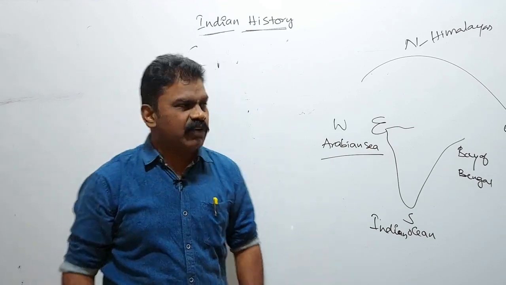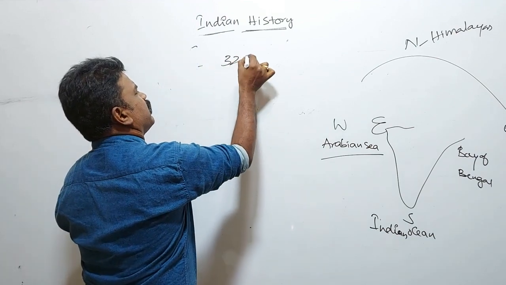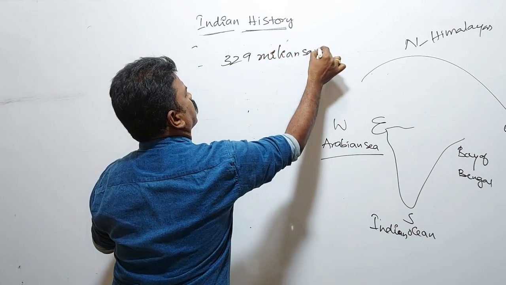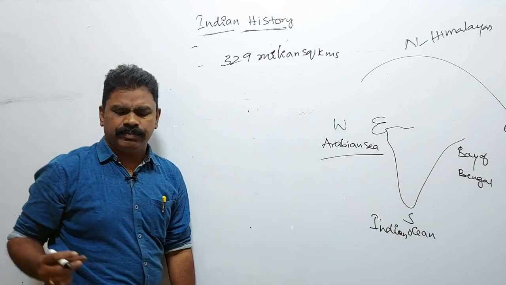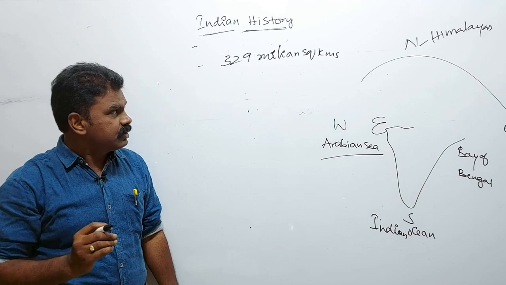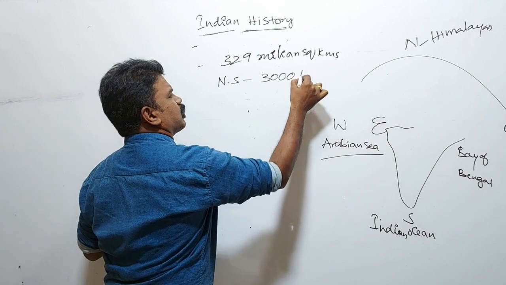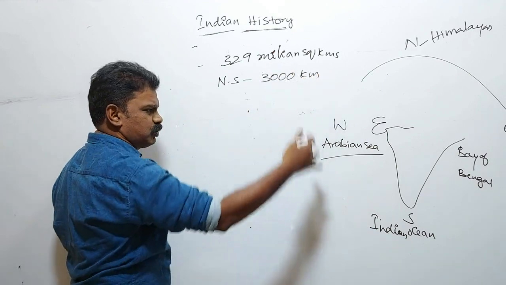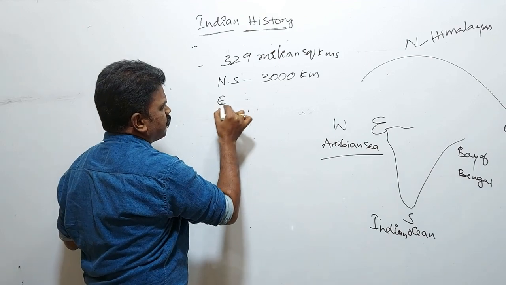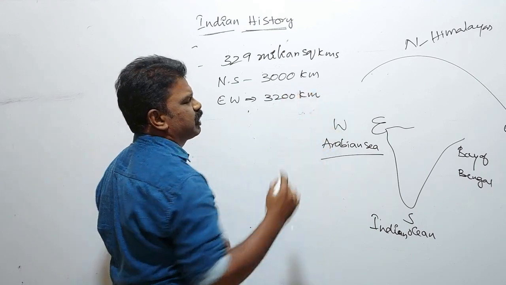Next, the total area of India is around 3.29 million square kilometers. North to south, approximately 3000 kilometers. East to west, approximately 3200 kilometers.